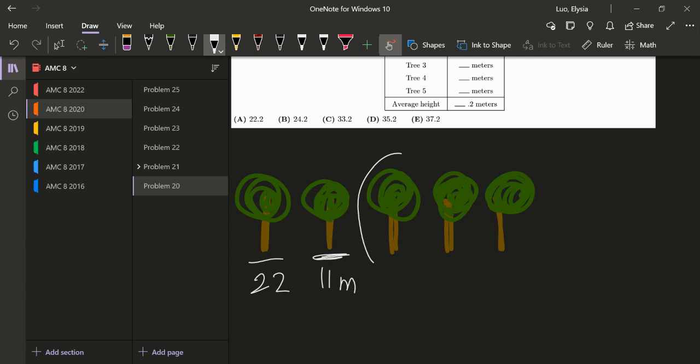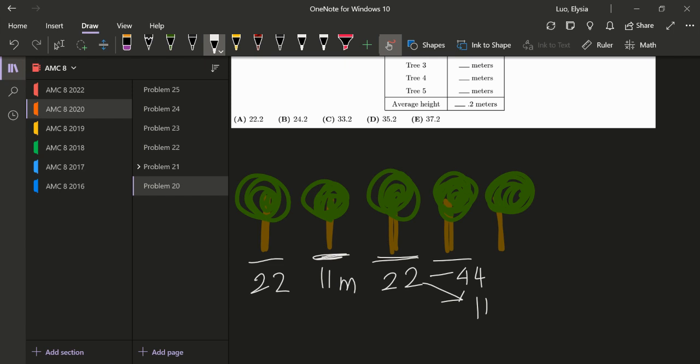Now, the third tree is to the right of the second tree. What could this be? It can either be 11 times 2 or 11 divided by 2. So the same thing goes as with the first tree. It can't be 5.5 because that's not an integer. So this would have to be 22. Now, what about this one? It could either be 11 or it could be 44, right?